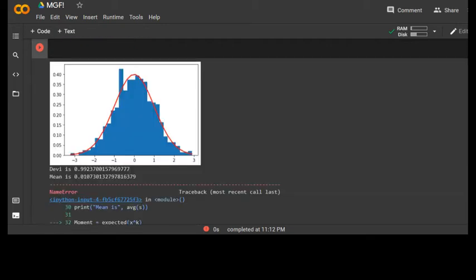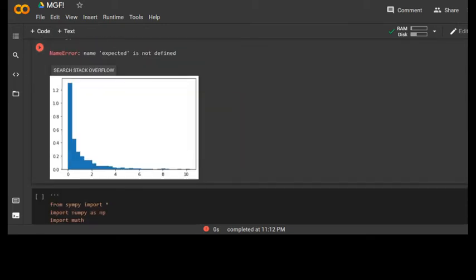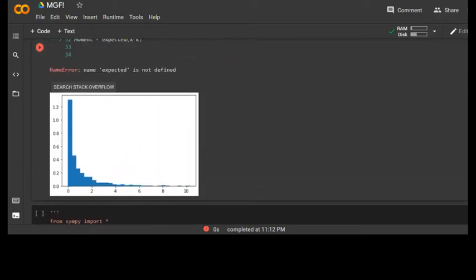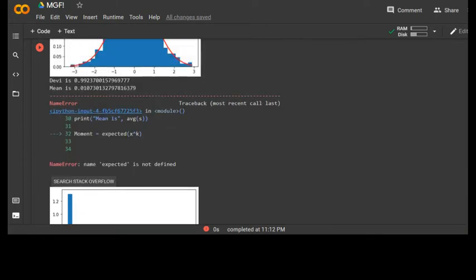Here. So if we just have the mean and standard deviation, this is actually just showing us the distribution of the second moment. So as you can see, all we're doing is just squaring all the outcomes. We don't square the probability, we just square the outcome.